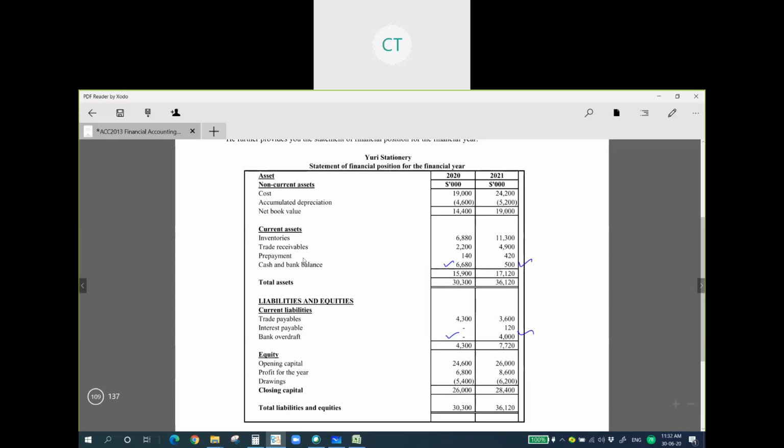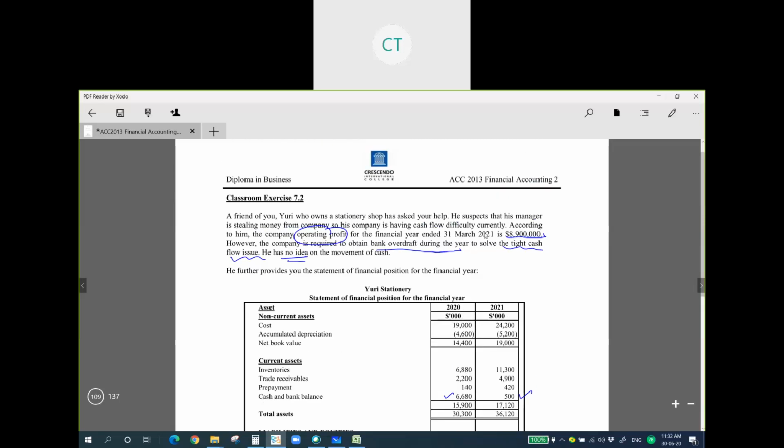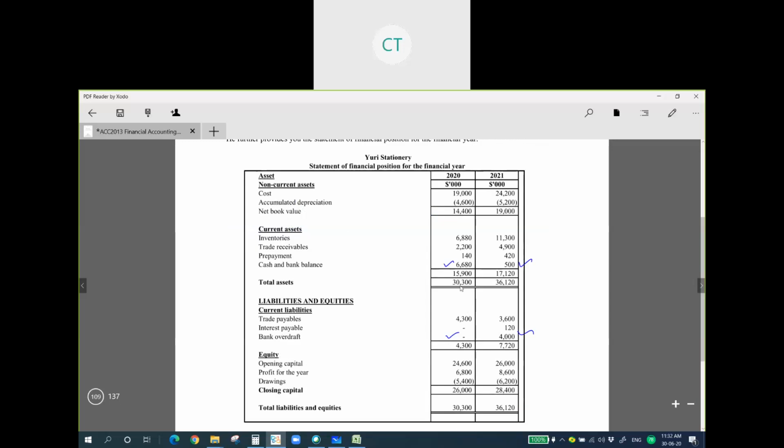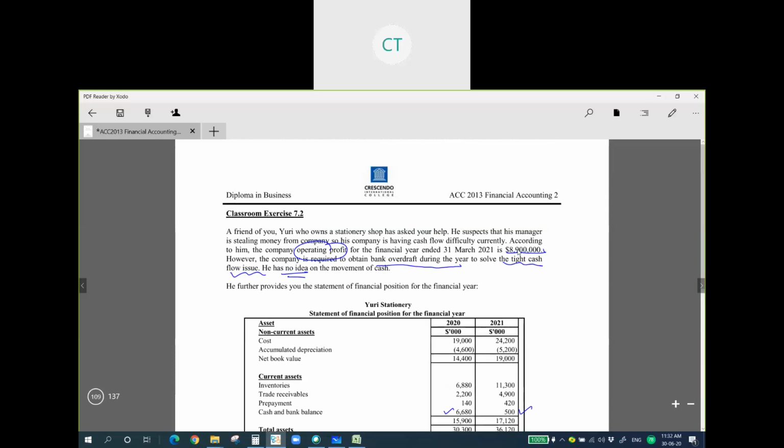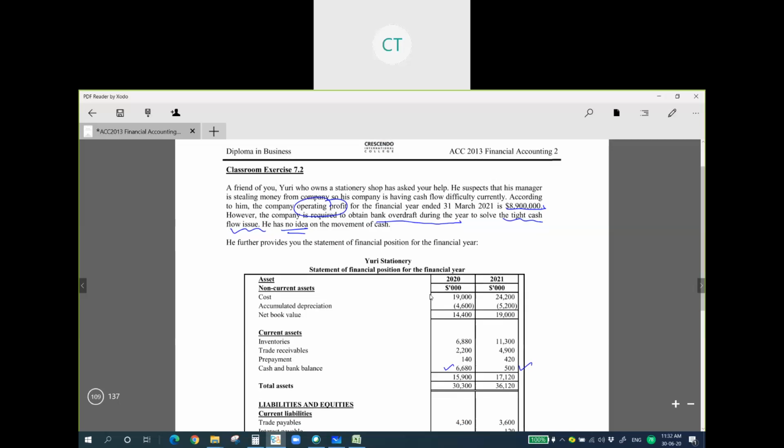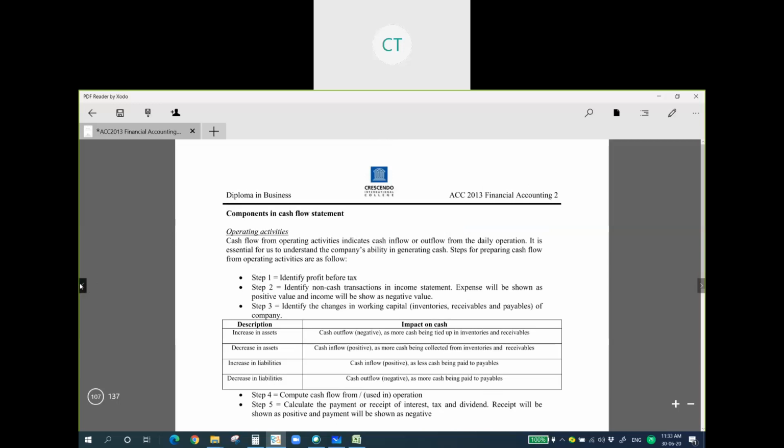So Yuri is very concerned about why his company cash gradually reduced, but his company is showing a profit. Is it the manager stealing the money? So we have to prepare the cash flow statement and analyze for Yuri and explain where the cash movement is. So let's take a look at the sample cash flow statement.